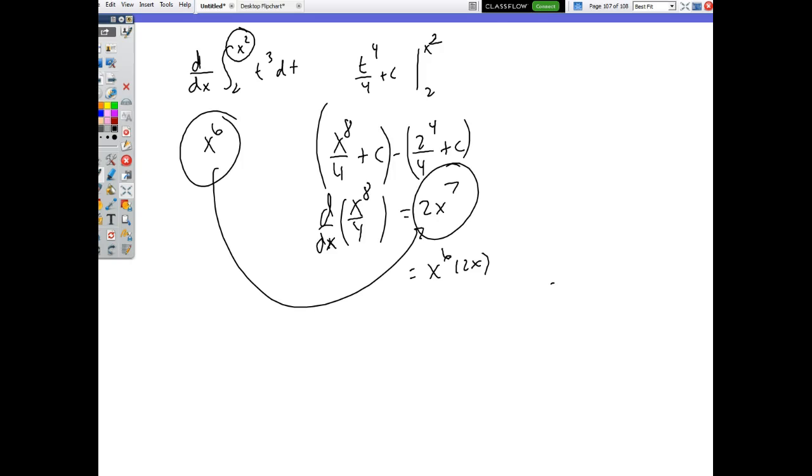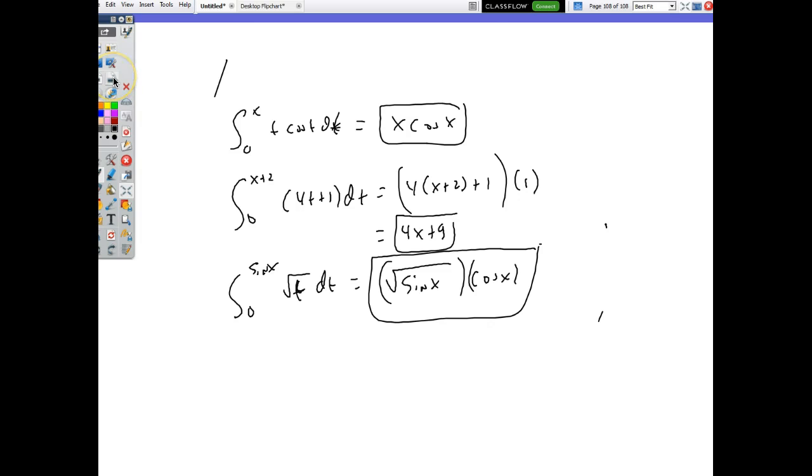This is what it should have been if I just plugged it in, times the chain, because I plugged in the wrong thing. And we're doing the same thing here. We're just plugging in the sine, and since I use sine instead of x, I'm tacking on the derivative of sine, which is cosine x.